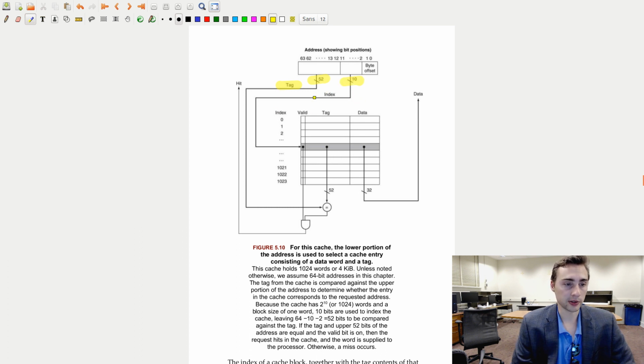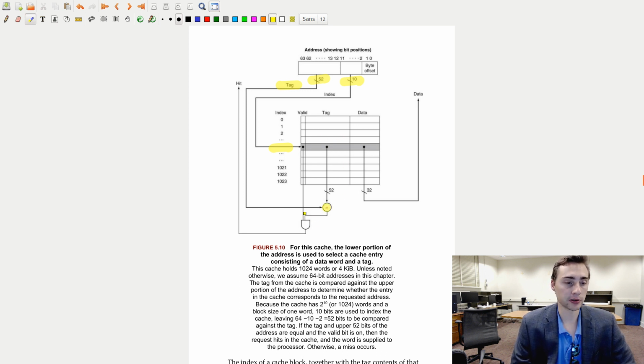So what we do is we use the index to look at the spot in the cache. That'll give us the index, like we already saw. Then what we do is we check the tag. So we check to see if the tag that we have up here is equal to the tag that we have in the cache.